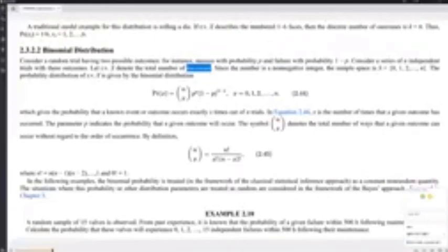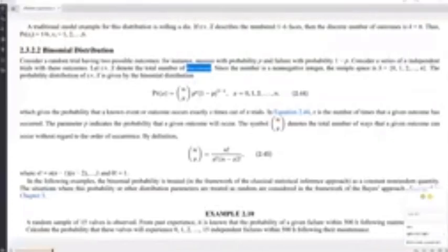And of course this number should be a non-negative integer because it indicates the number of trials. In that case, the probability is given. So the binomial distribution.